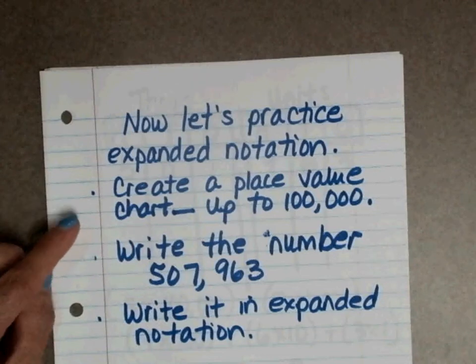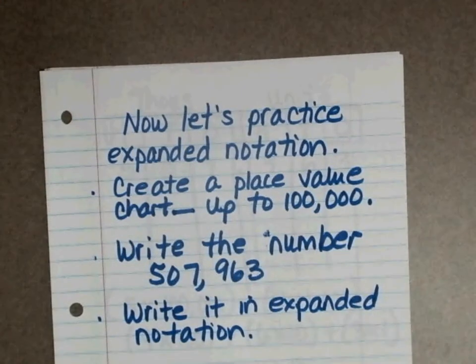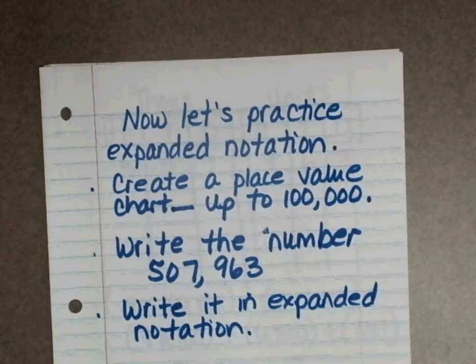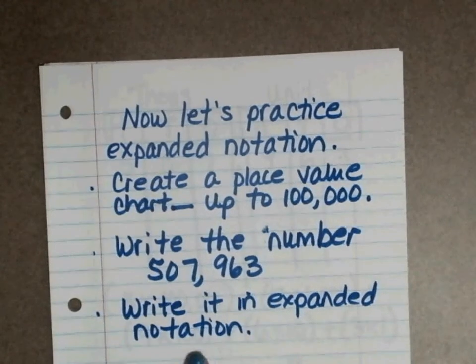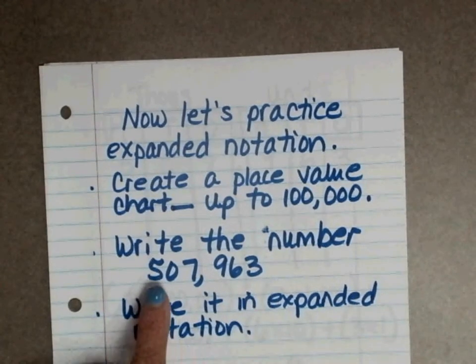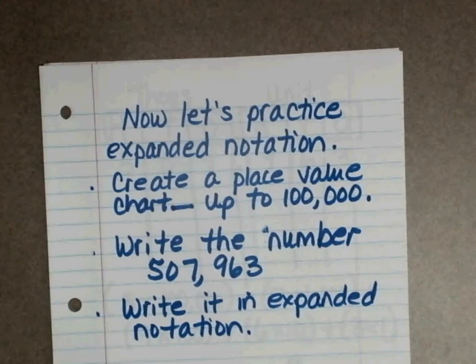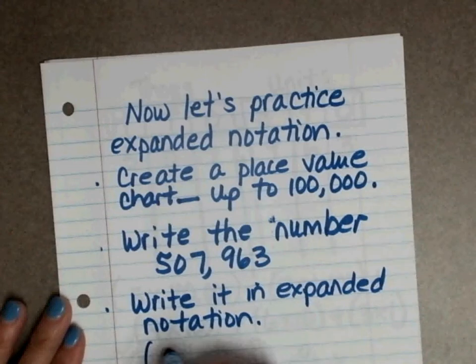Alright. I want you to practice expanded notation. Again, I want you to create a place value chart up to 100,000 like we did earlier. Write the number 507,963 and write it in expanded notation. The digit times the place value position. So let me get you started.